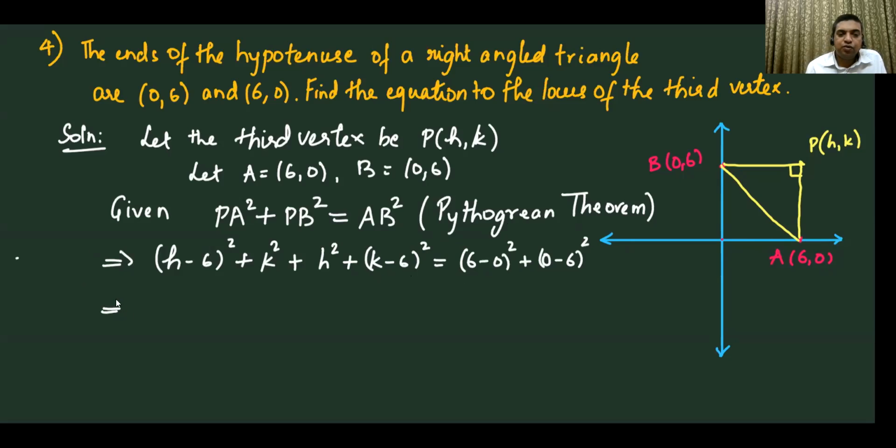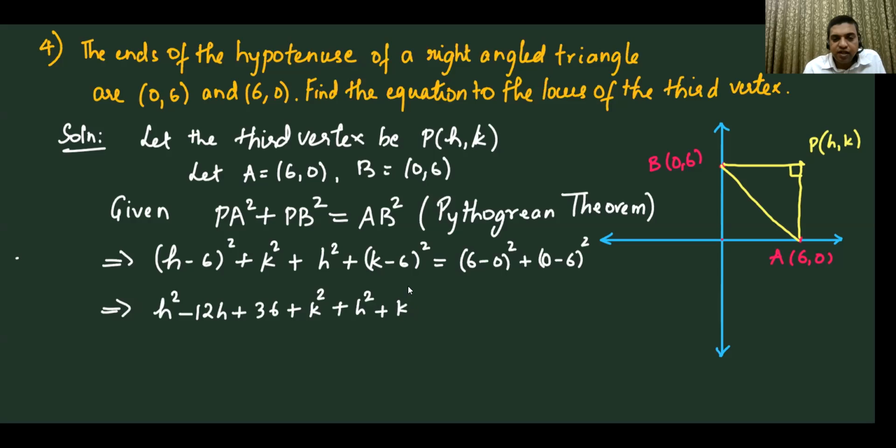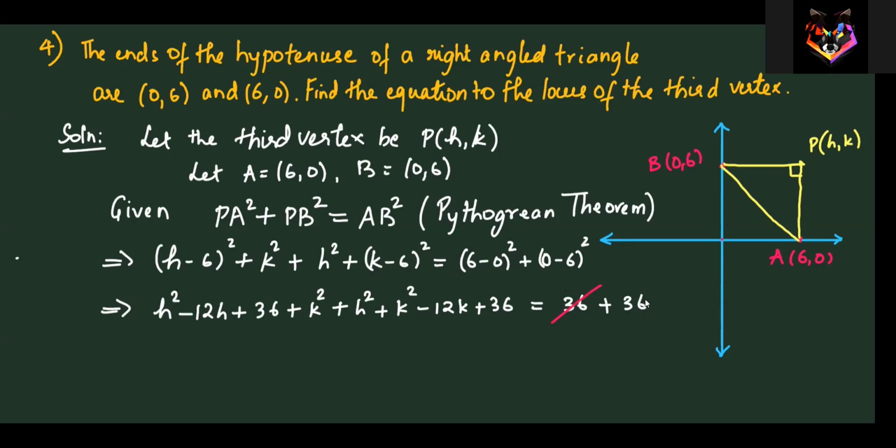Now when we expand this, you get h square minus 12h plus 36, plus k square, plus h square plus k square minus 12k plus 36, is equal to 36 plus 36. So this 36 plus 36 gets cancelled.